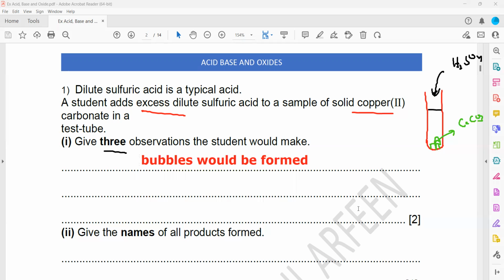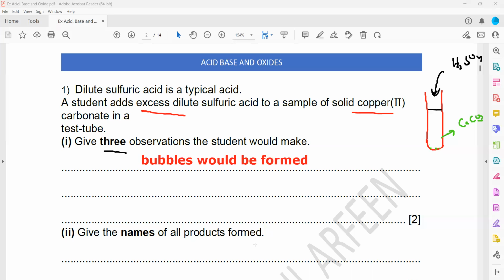What about the second observation? Because the student added excess acid, what will be the result here? Because if too much acid is added, this metal carbonate starts to disappear. Or you can also say the solid will dissolve. Actually, it's not dissolving, it's a reaction, but with reference to the metal carbonate, the solid will disappear because in the question they mentioned we add more than enough sulfuric acid, an excess of acid.